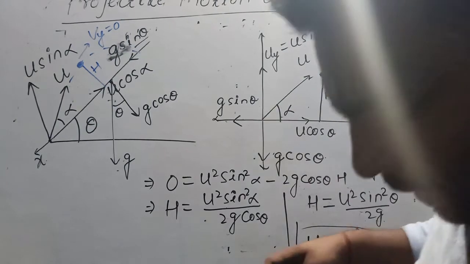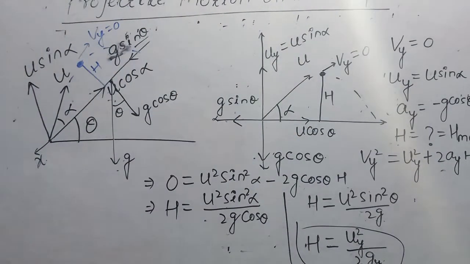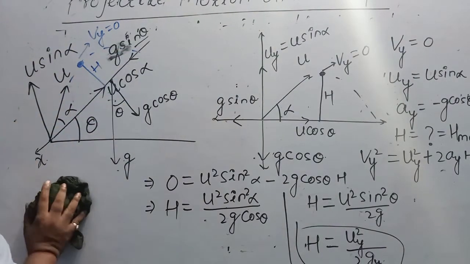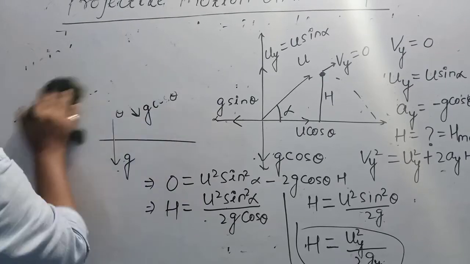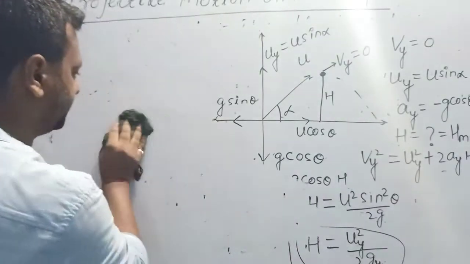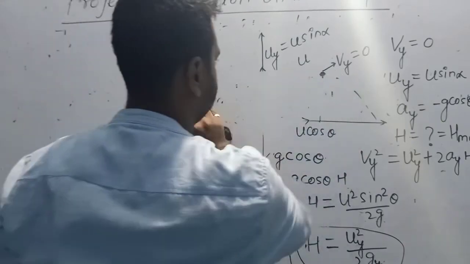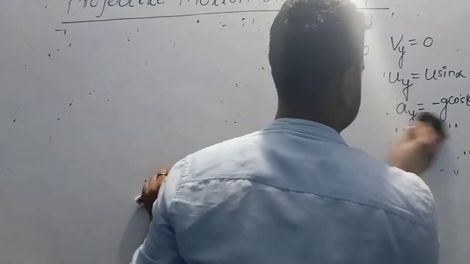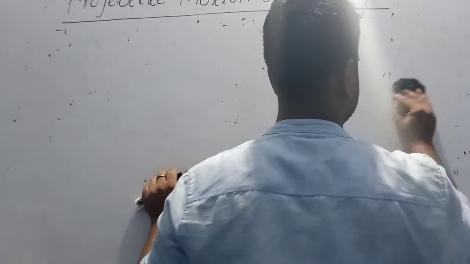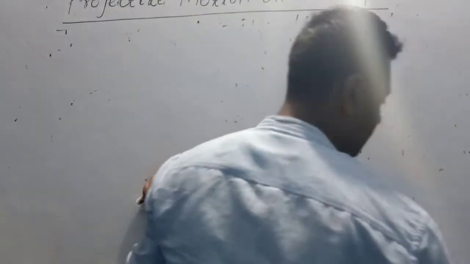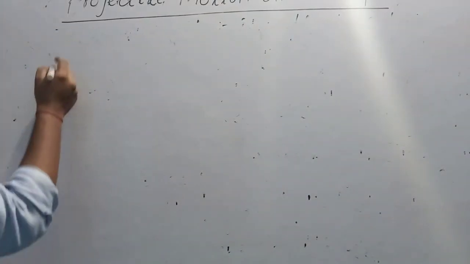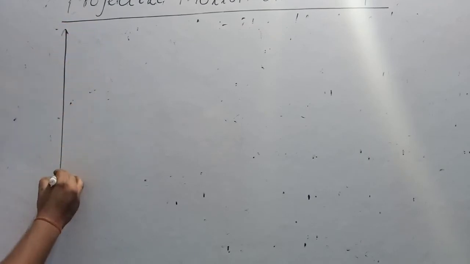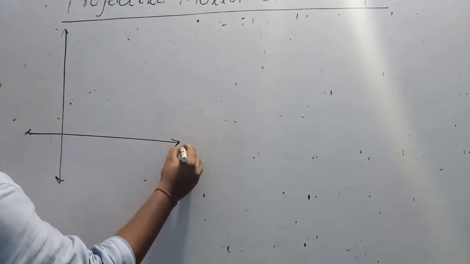Okay, now we have to calculate the third physical quantity related to projectile motion from down to top, that is range. I am simply making a diagram. This was the x-axis.